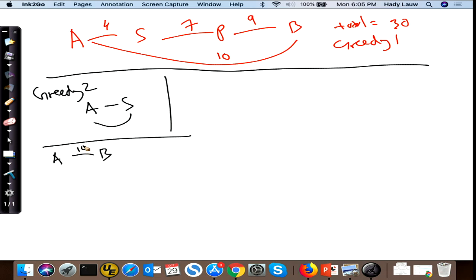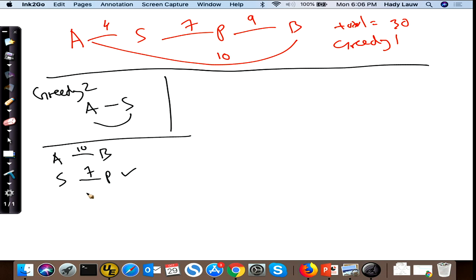The second option is to extend from S. Between Bedok and Punggol, Punggol is smaller at 7. So you have 2 options for expansion, either from A to B or from S to P. But because this is a smaller distance, we're going to expand based on this option.